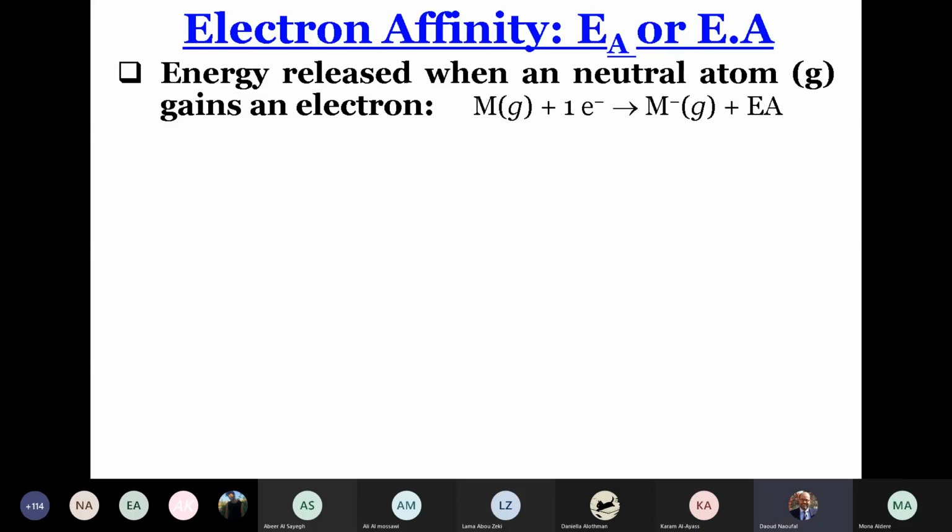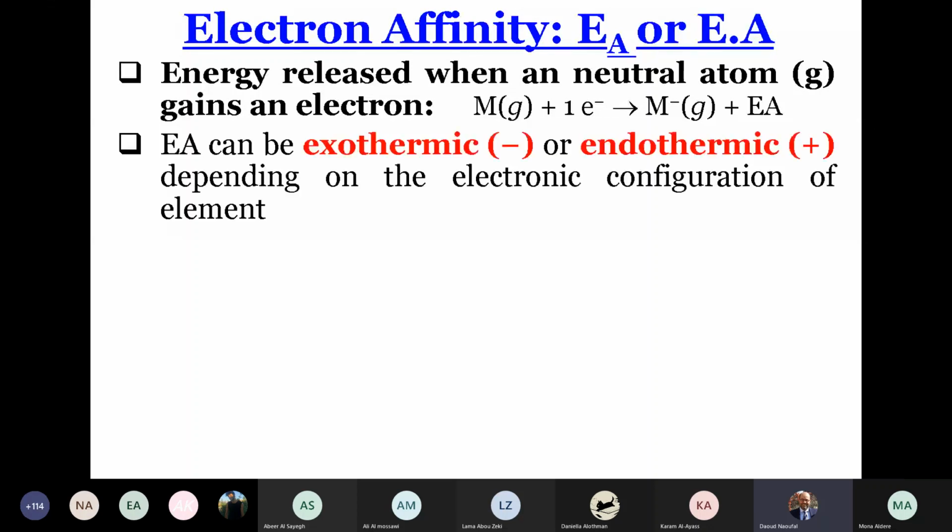According to Bohr theory, when we pass from a lower energy level to a higher energy level, the atom should absorb energy. So if the student does not find his place, he has to pass to a higher level and the classroom will absorb energy. So in this case, the electron affinity is positive, endothermic.